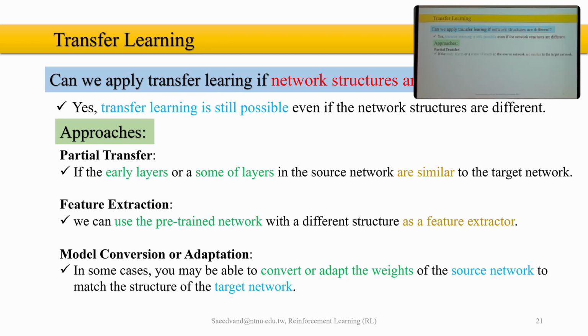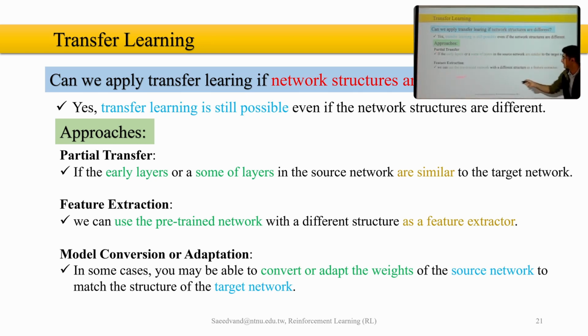Basically, we have different formal approaches to do this. One is partial transfer. In partial transfer, we say early layers can be transferred. We just want to transfer some of the layers to the new network, not all of it.